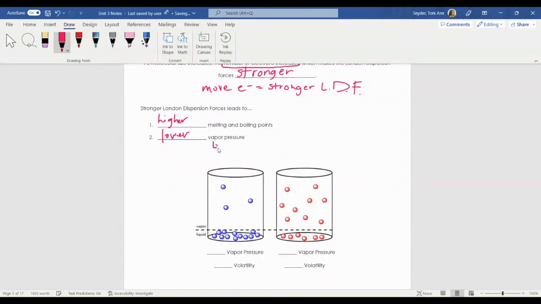We talked about this a little bit in Chem 2, but the vapor pressure is the pressure of the vapor particles above a liquid in a closed container.